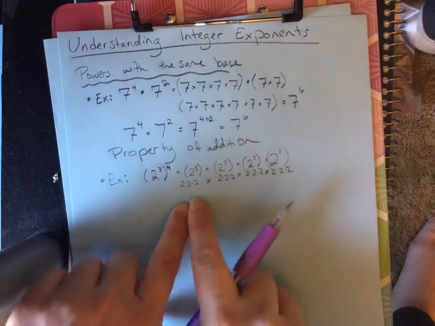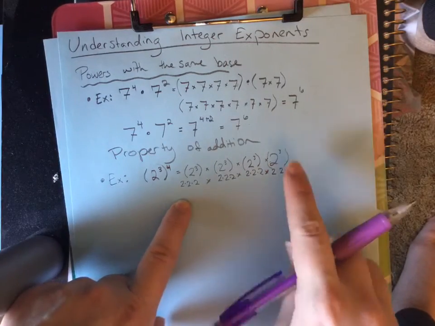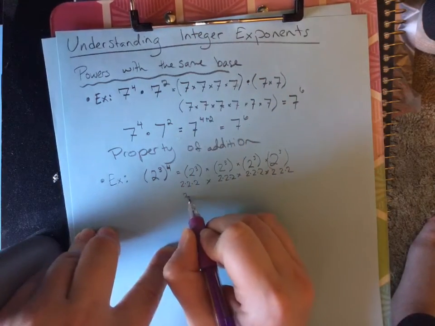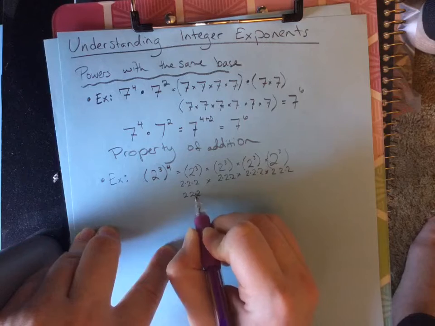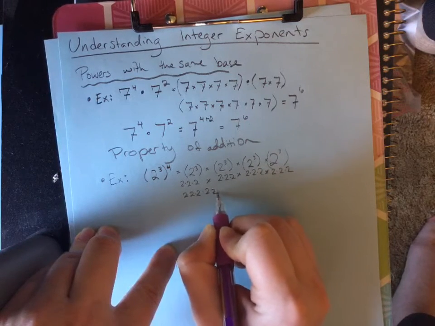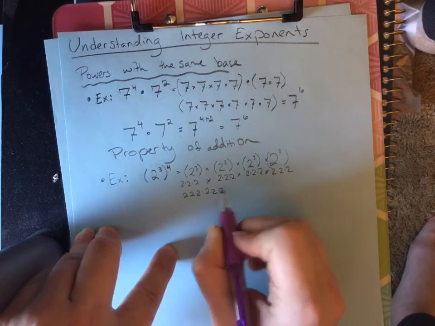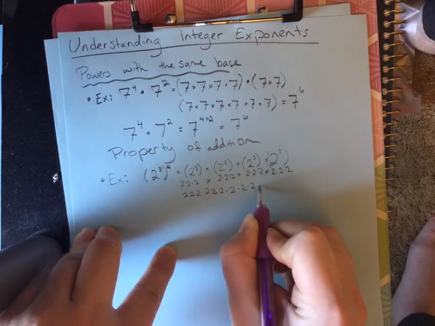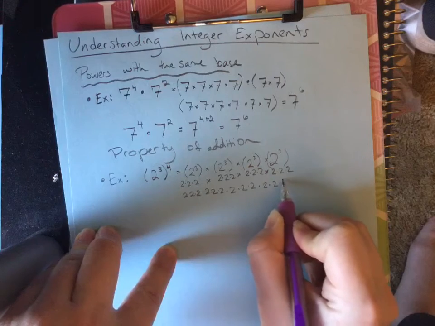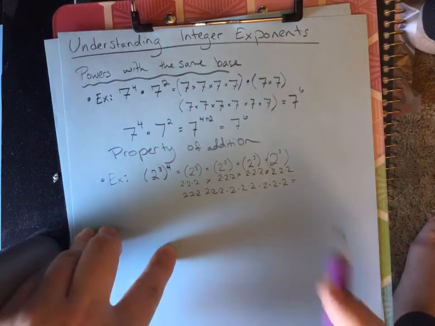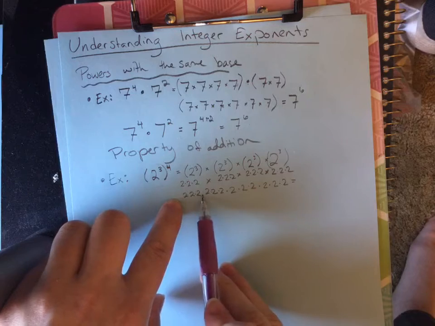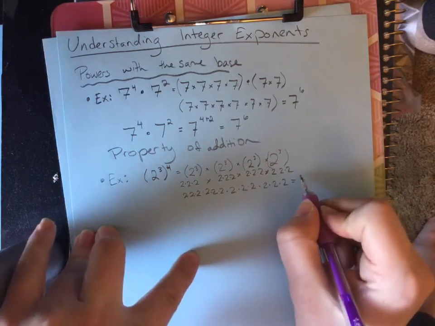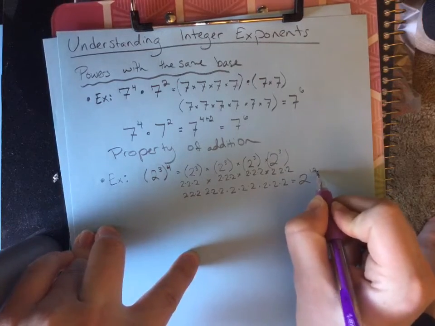So now, once again, I've got just a bunch of 2s, and I can write them multiplied in a row, and I end up with 1, 2, 3, 4, 5, 6, 7, 8, 9, 10, 11, 12. So that's 2 to the 12th power.